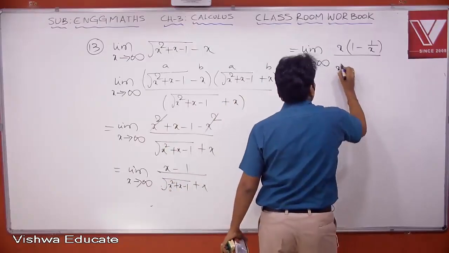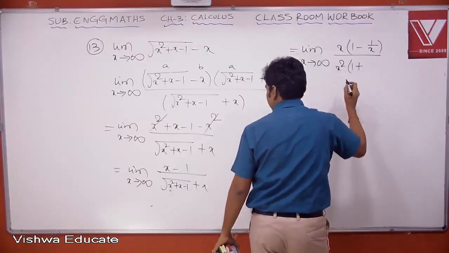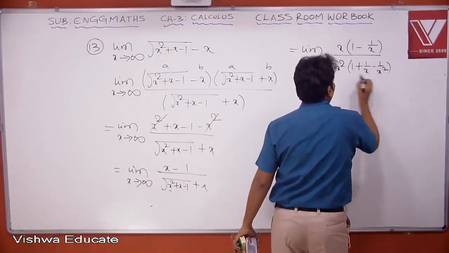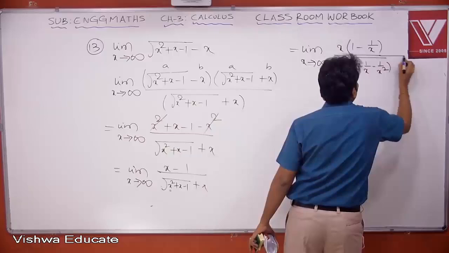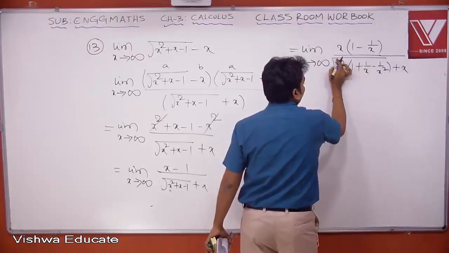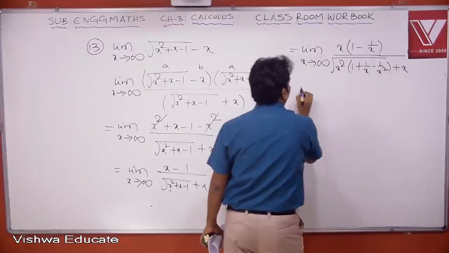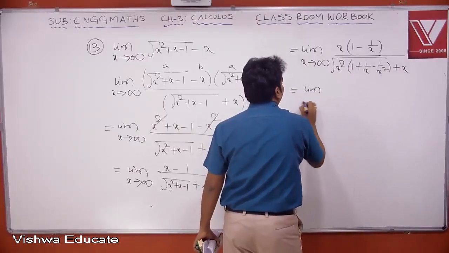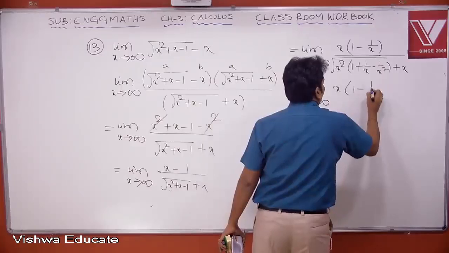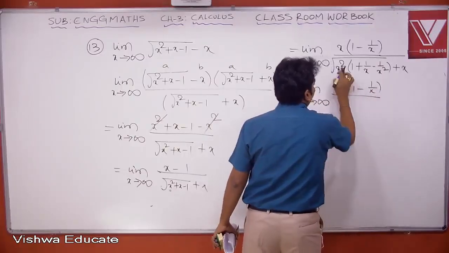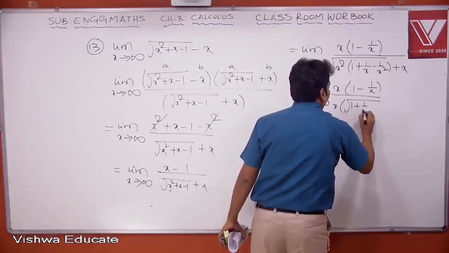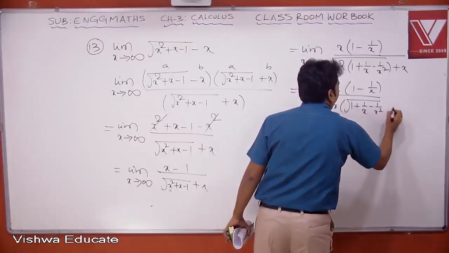So here I can take x square into 1 plus 1 by x minus 1 by x square along with the square root, plus x. Now square root of x square is x, so you can take x common. So this limit will be equivalent to limit x extends to infinity x into 1 minus 1 by x, over x into square root of 1 plus 1 by x minus 1 by x square plus 1.